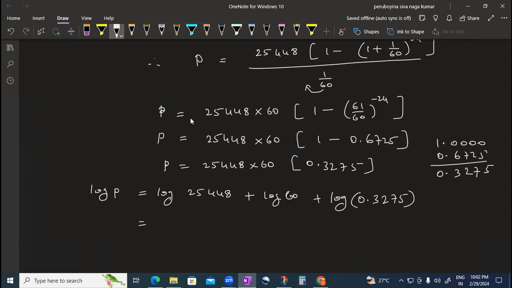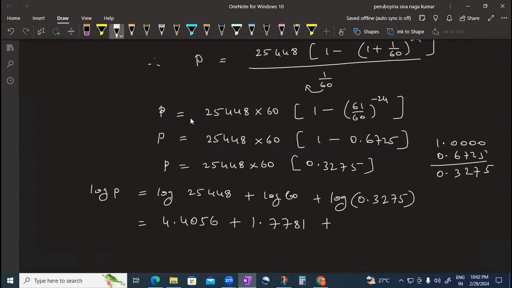Log 5448 is 3.7362. Plus log 60, which is 1.7781.